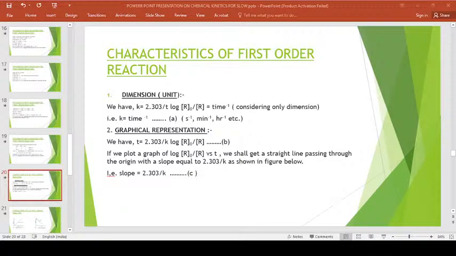It may be asked in your examination in different ways: in an assertion or reasoning type question, in a multiple choice type question, or in a numerical to determine the value of specific rate constant k by giving the value of t half. In that case, you have to know this expression: t half equal to 0.693 divided by k.